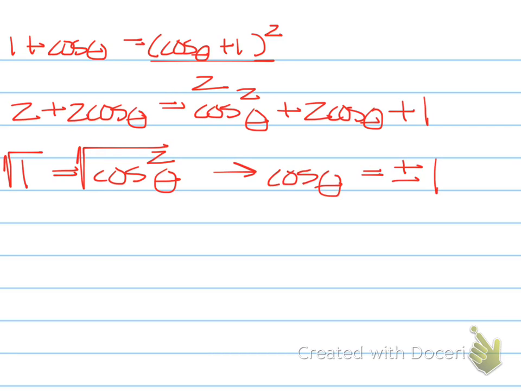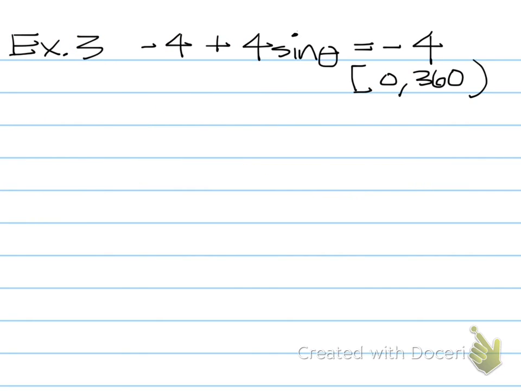Take the square root of both sides, and we get cosine of theta equals plus and minus 1. So cosine of 0 does equal 1, and cosine of pi equals -1.